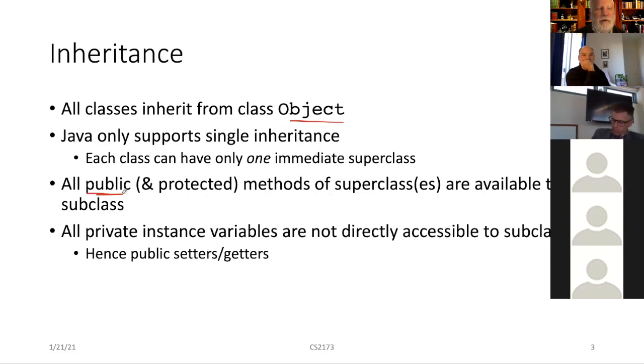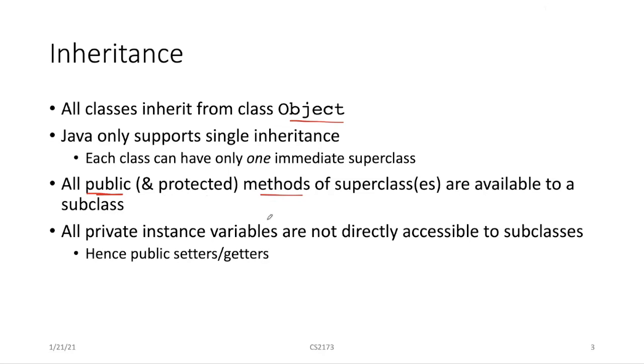All public methods of the superclass are available to the subclass. So if I'm an instance of poker deck, and I want to call a method that is not in poker deck but is in card deck, I don't have to say super. I can just call the method.